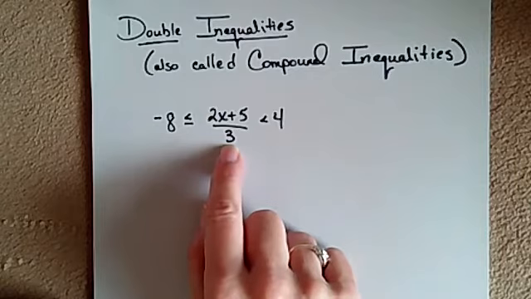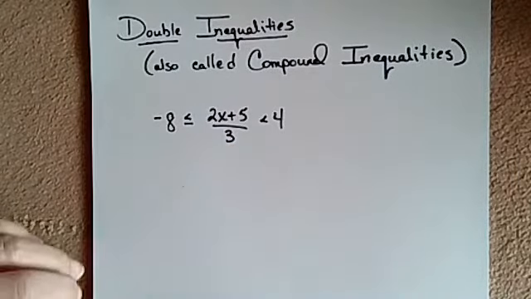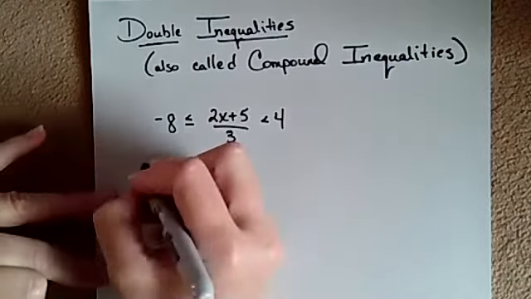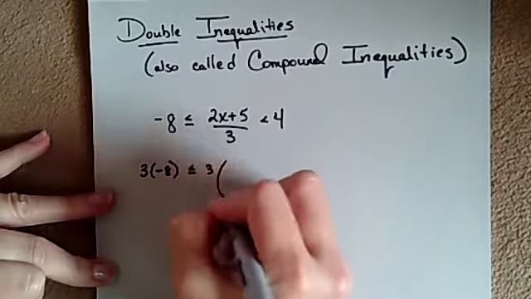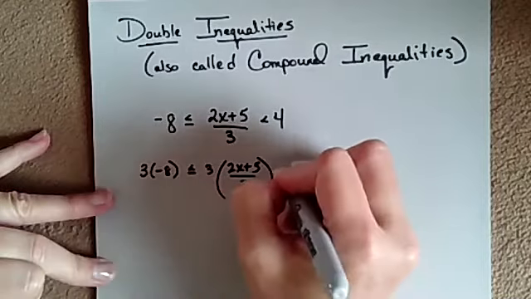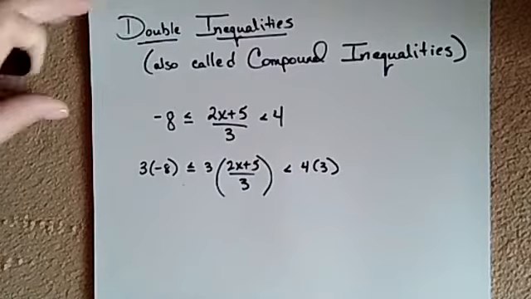Since we have 3 in the denominator, our first step is to get rid of that 3. We can do it by multiplying each side by 3. So let's do that. We'll multiply -8. Okay, I multiplied everything by 3.